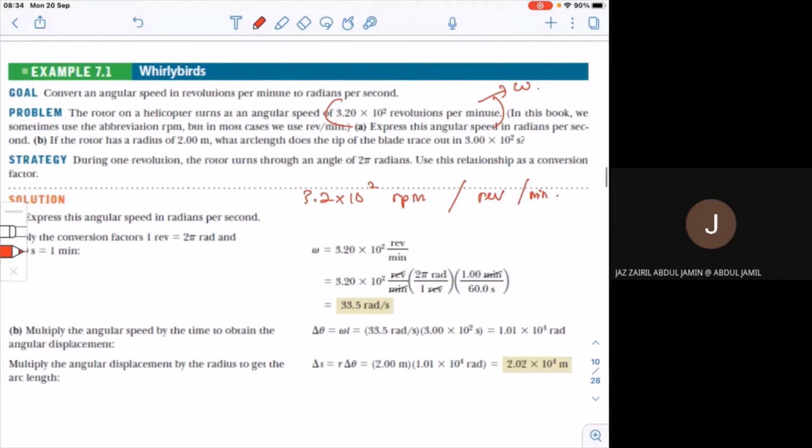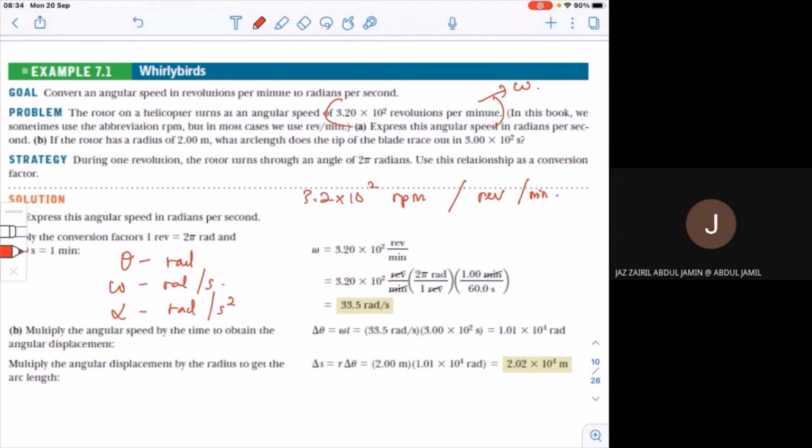So again, you need to memorize this one. Theta is radian. Omega is radian per second. Alpha is radian per second squared. So if you are given revolutions per minute, it is not an SI unit, therefore you need to convert it to radian per second.